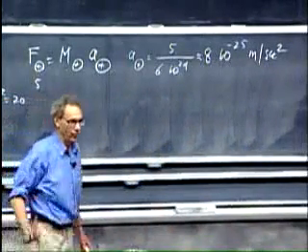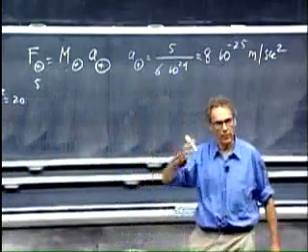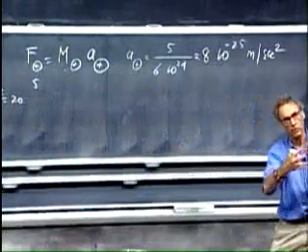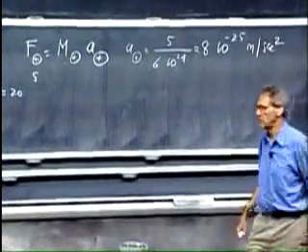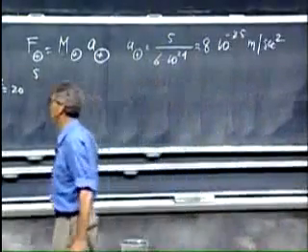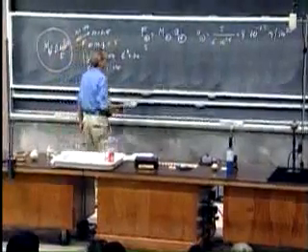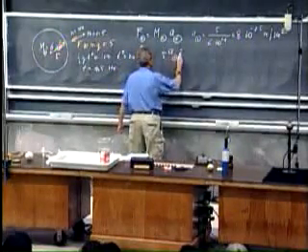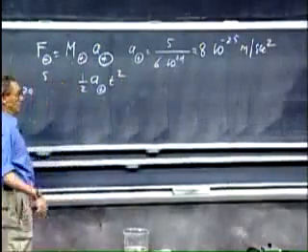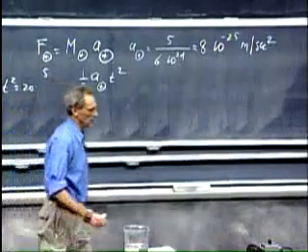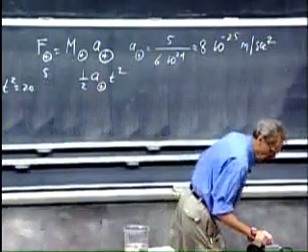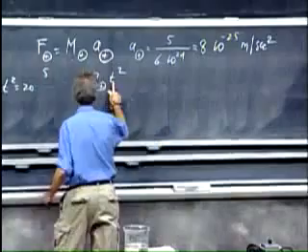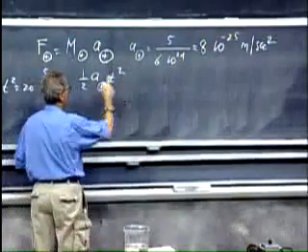How long will the Earth fall? Well, the Earth will fall roughly 4.5 seconds before they collide. How far does the Earth move in the 4.5 seconds? Well, it moves 1/2 a_earth t squared, the distance that it moves. We know a, and we know t squared, which is 20. 1/2 times 20 is 10.